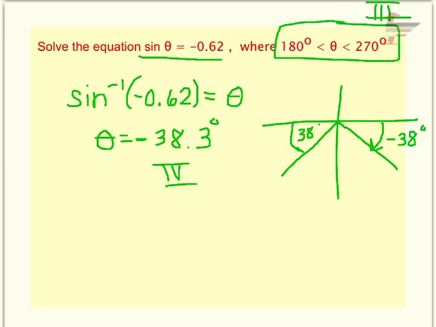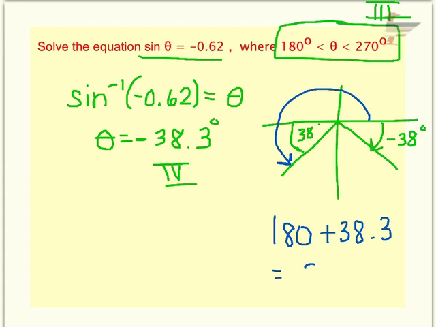Starting at the initial side, how do I get over here to get to that angle? That's pretty easy to see. I'm going to take 180 plus that 38.3 degrees, and that's 218.3 degrees. And that's my theta between 180 and 270.